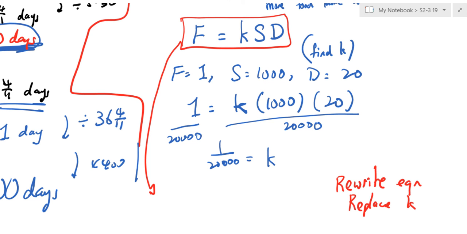I rewrite the equation, but I replace K with a number. So what do I write? F equals... Because K is 1 over 20,000, I replace K with a number, 1 over 20,000.